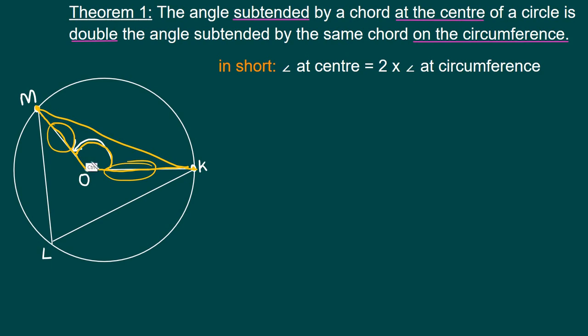So the one that is formed at the center is going to be 2 times the one formed at the circumference. So the one at the center is always double the one at the circumference.